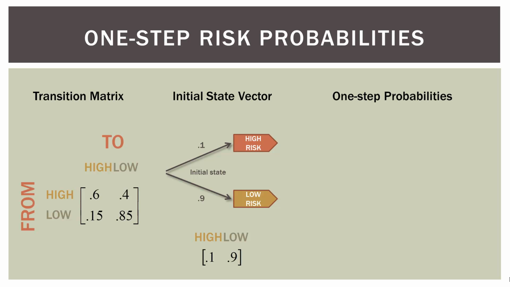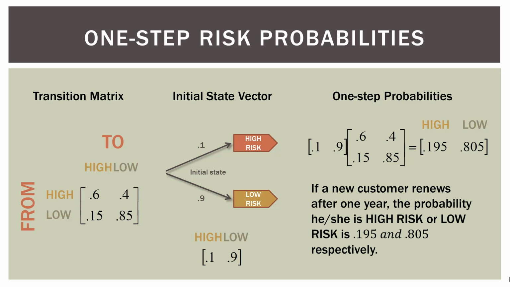Now, if we want to find the probabilities of high and low 1 year from now, we multiply those together. So we have our initial state vector, 0.1 and 0.9, multiply that by our transition matrix, and then we have the probabilities of high risk and low risk 1 year from now. And that's how it works, okay?